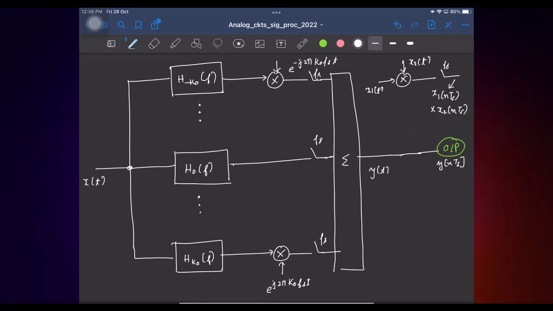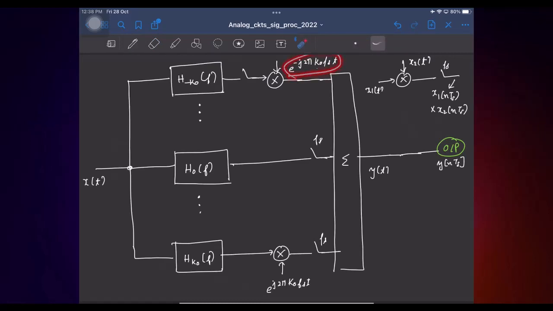I mean, it's a waste of resource, right? I'm multiplying for all time and sampling only once. So what can I do? Each of these signals can be sampled first and the samples can be multiplied. So here I'll push the sampler and even here this signal is going to be sampled.